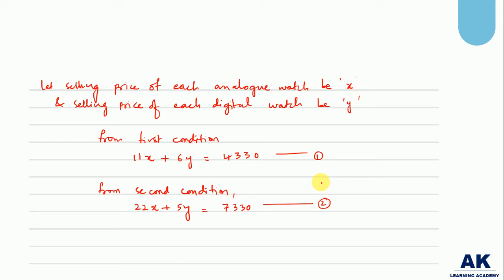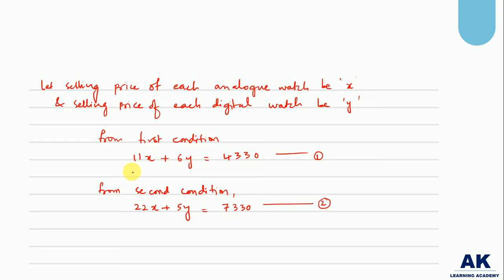Now if I want to solve these equations, I have to make the coefficient of any variable, be it x or y, the same. To make it the same, I have to multiply equation 1 by 2.